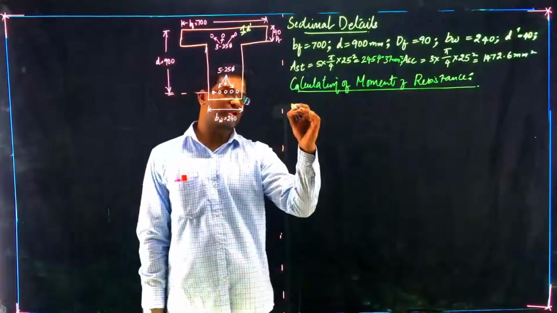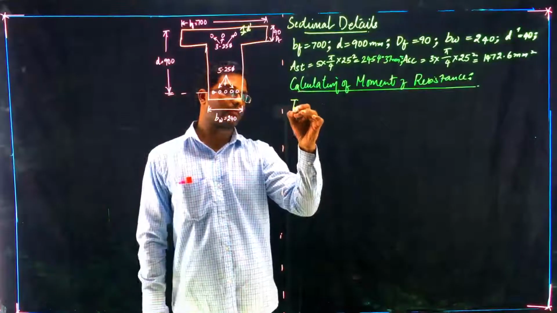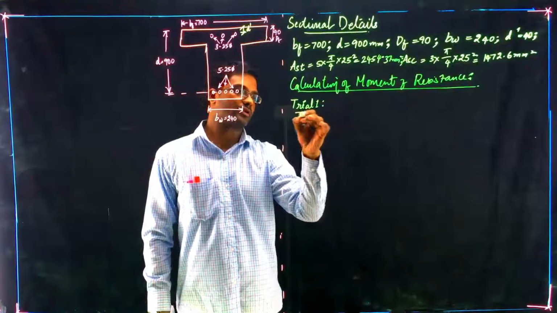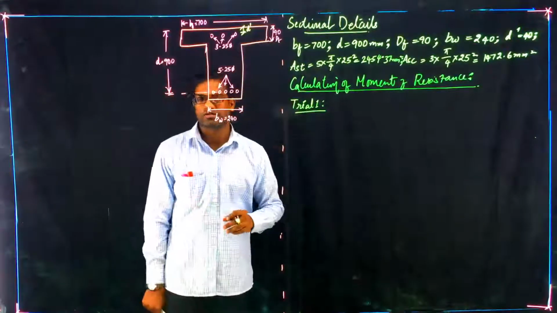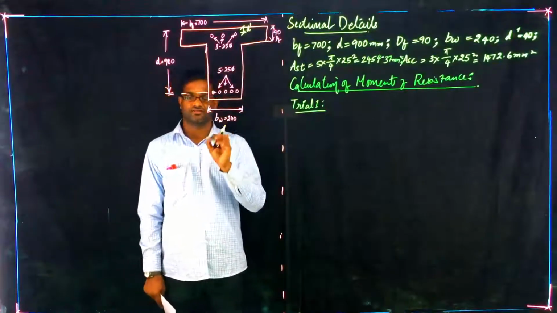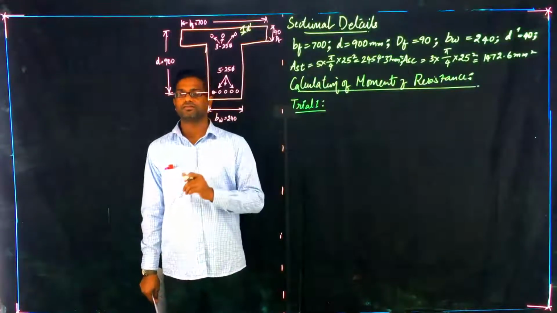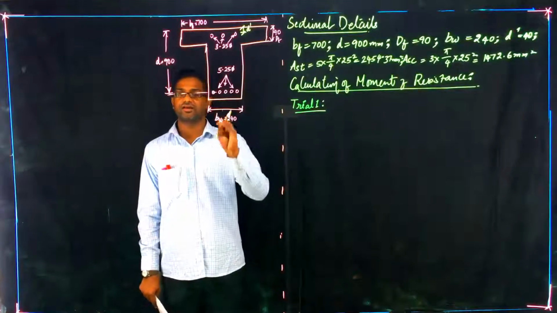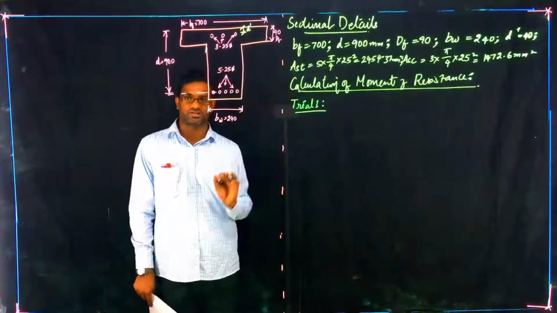So in first trial, we will assume that the neutral axis is within the flange. When the neutral axis is within the flange, we have to design this section as a rectangular doubly reinforced section.